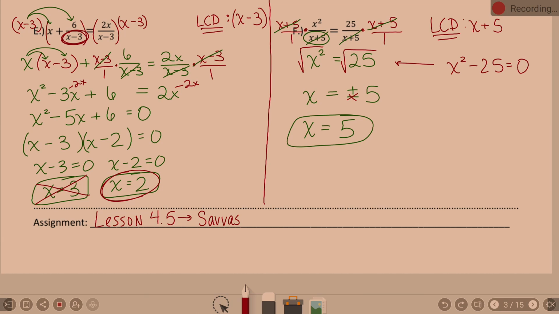You could have, and this is perfectly good too. I'm happy with both options. It would factor into x plus 5 and x minus 5. Would that give me the same answers? It does. So go with whatever your brain sees, because that's what's easiest for you.